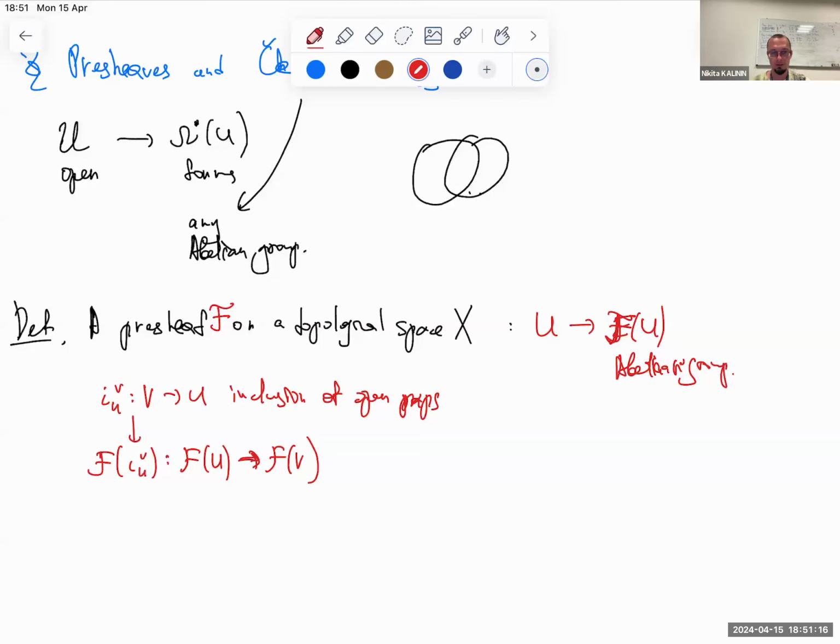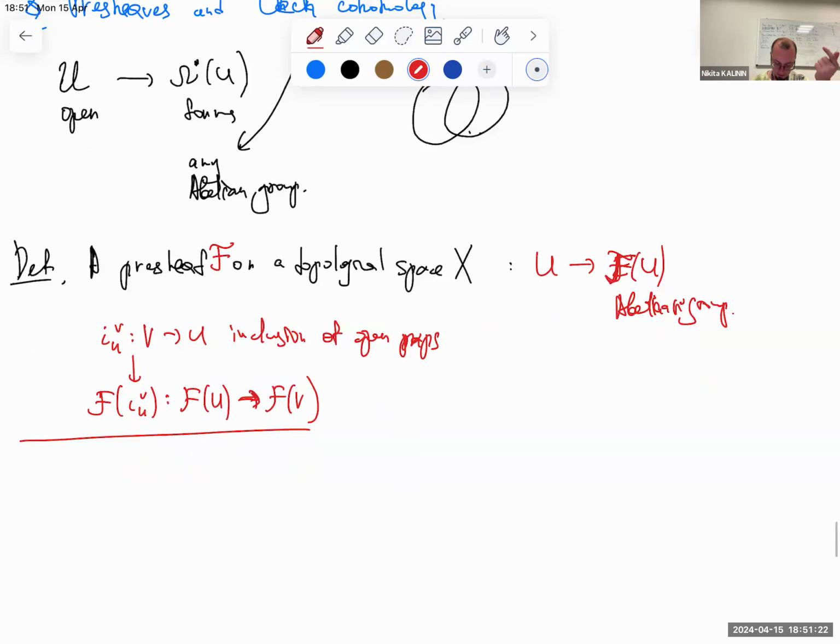That's almost everything. The only thing we should add: first of all, if i_UV equals the identity, so it's a map from U to U, then this map between abelian groups should also be the identity.